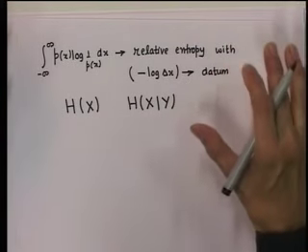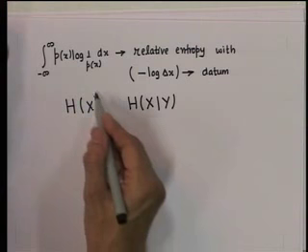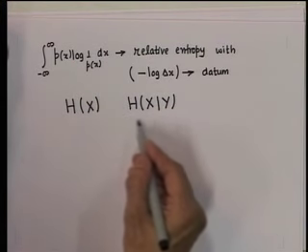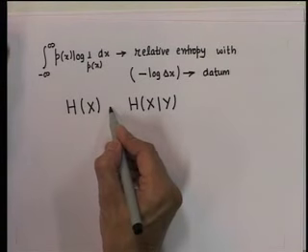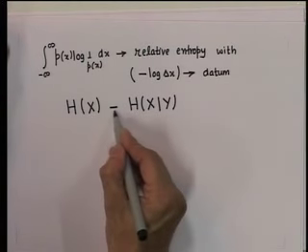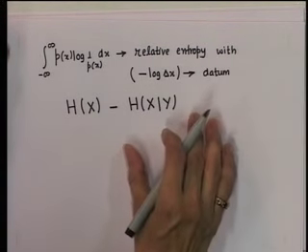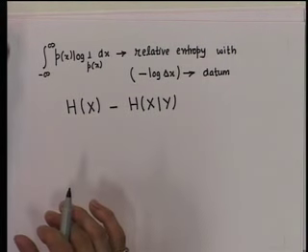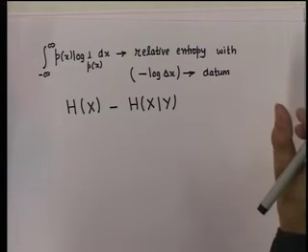Obviously, if we have a common datum for both h x and h of x given y, then the difference h x minus h of x given y will be the same as the difference between the relative entropies.